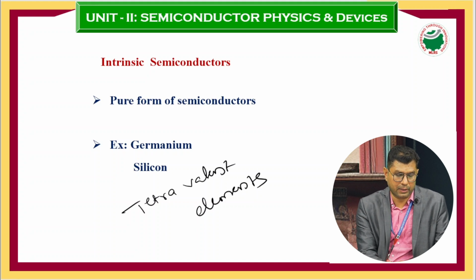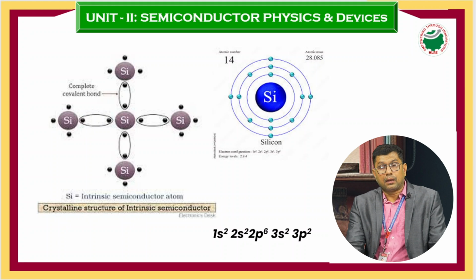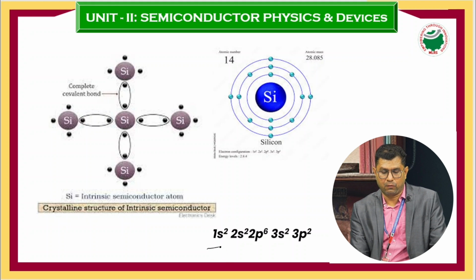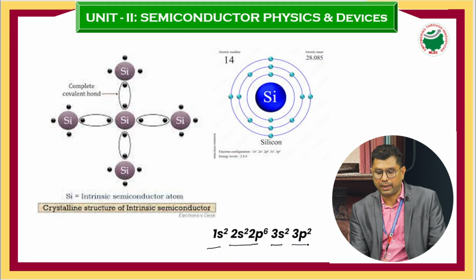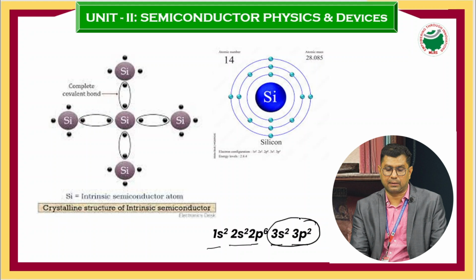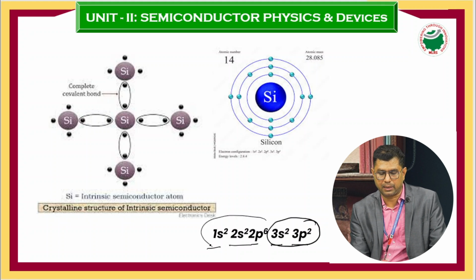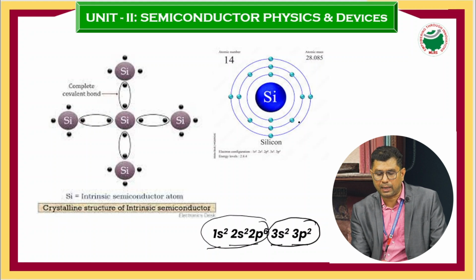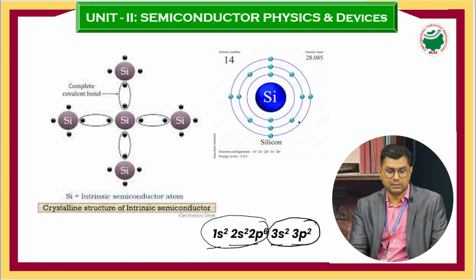For silicon, the electronic configuration is 1s2, 2s2 2p6, 3s2 3p2. So the third level contains 4 valency electrons. All the inner electrons are completely bonded. So these 4 electrons are available in silicon.